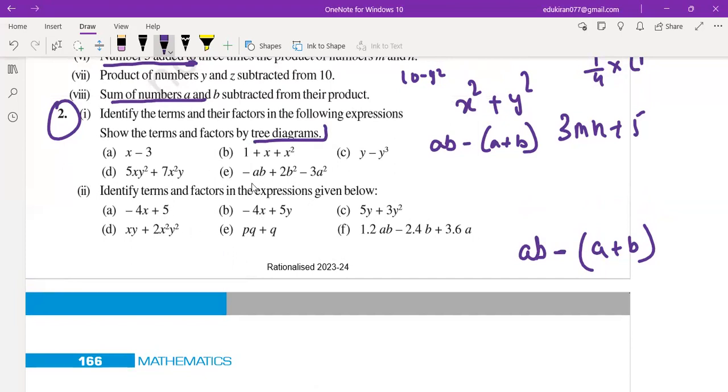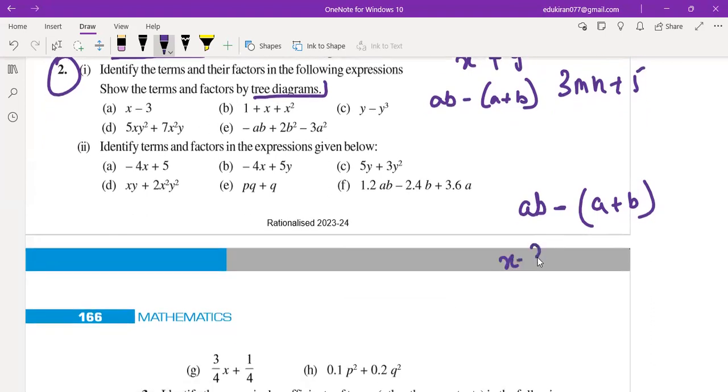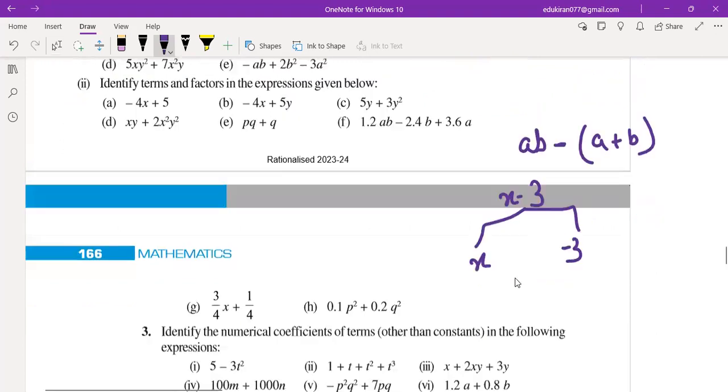In the first one, they are not asking, so you can do it normally. But if they ask, ma'am, can you show the tree diagram once? Yes. So over here, for example, x minus 3, right? You will write it like this, x minus 3. Then you are going to divide it into two parts, x and, sorry, explaining the tree diagram.